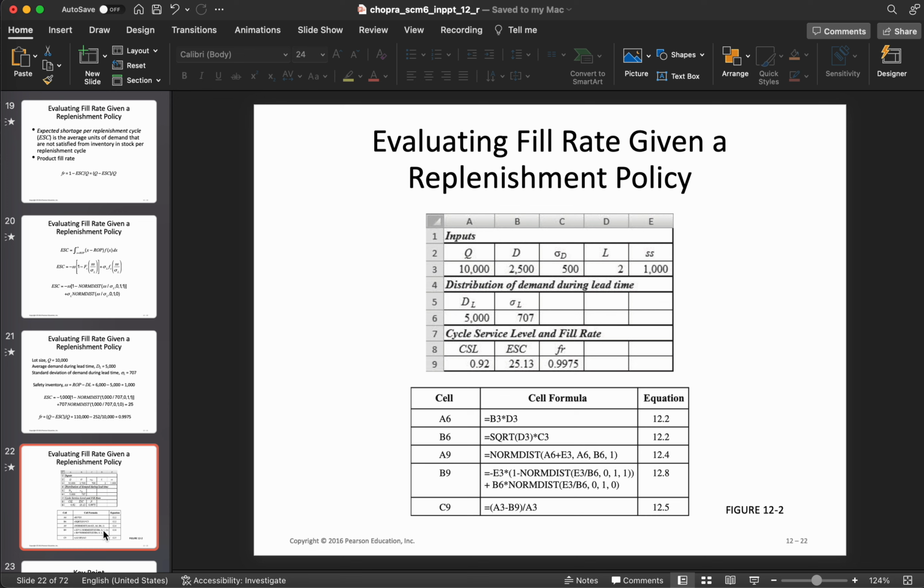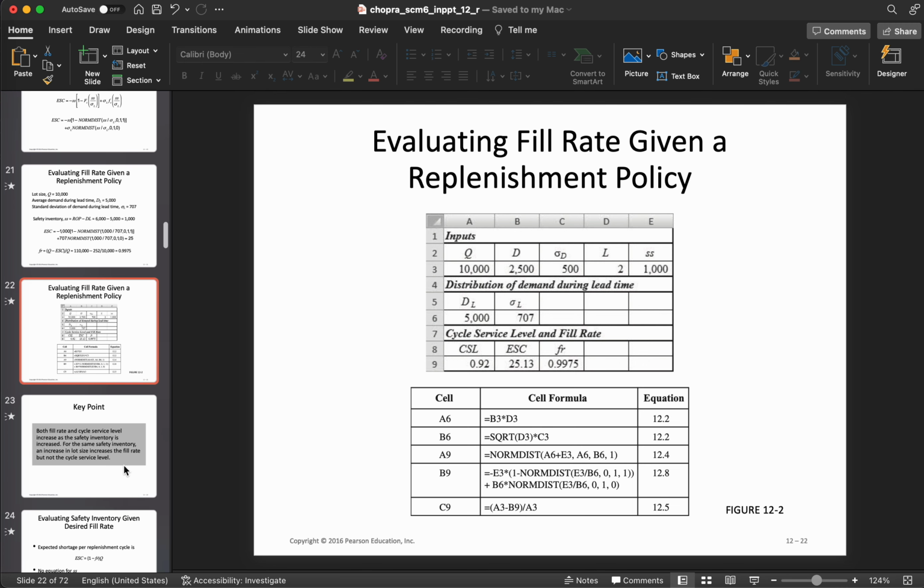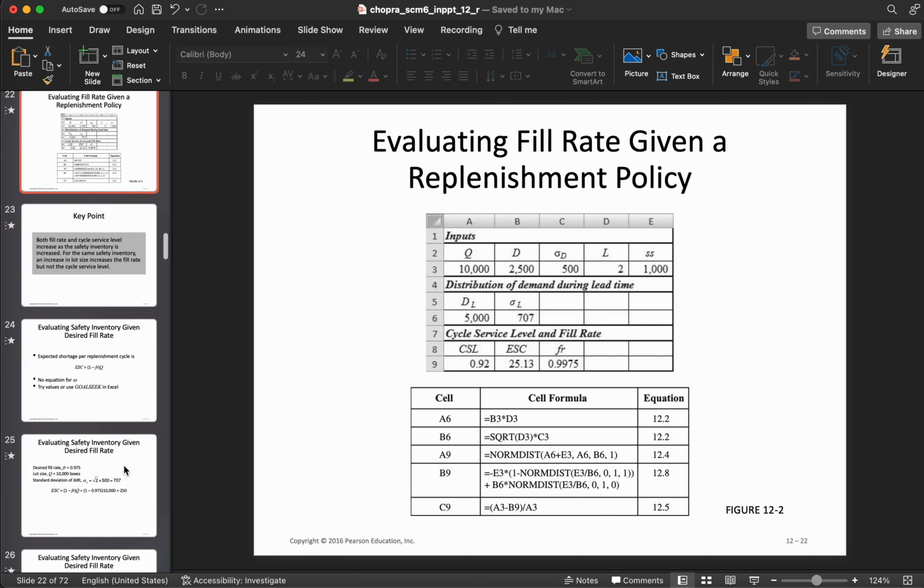So what we have to do is use a tool in Excel called Goal Seek. It's pretty straightforward, not very complicated at all. We already have all the formulas written out as we need to do them.